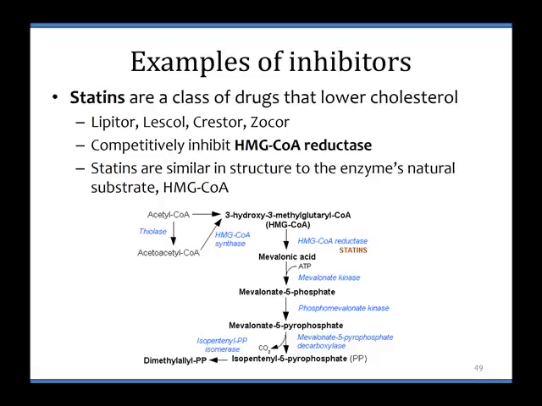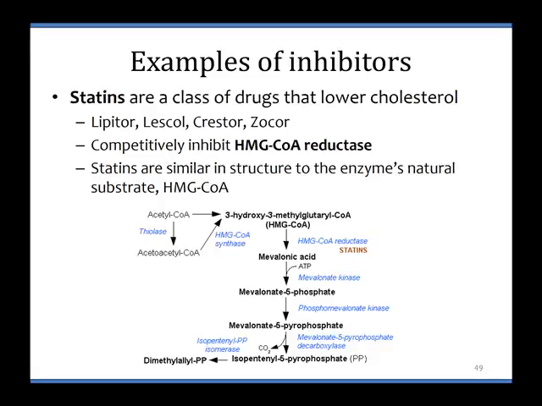So let's look at one particular medicine called statins. Statins are a class of drug that lower cholesterol. Some examples of statins include Lipitor, Lescol, Crestor, Zocor. They all have similar sounding names. They competitively inhibit an enzyme called HMG-CoA reductase.